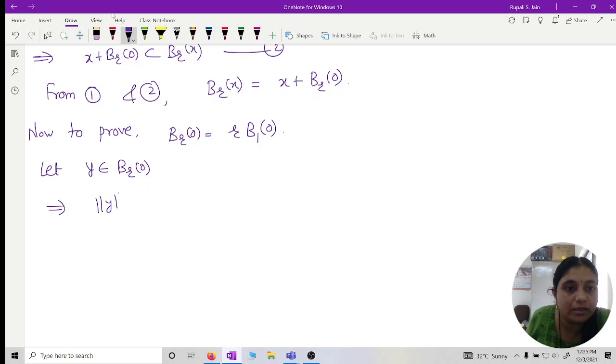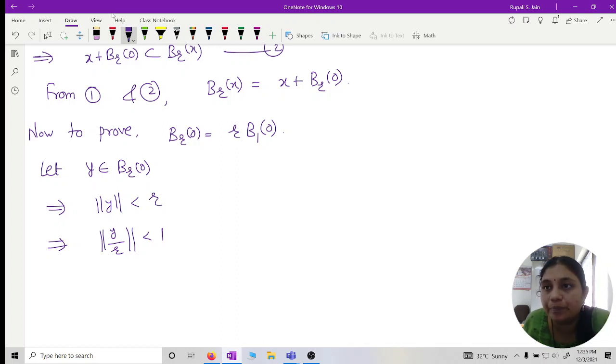Norm of y is strictly less than R. So this implies norm of y by R is strictly less than 1, dividing by R on both sides. R is a scalar, so norm of y by R will be less than 1.